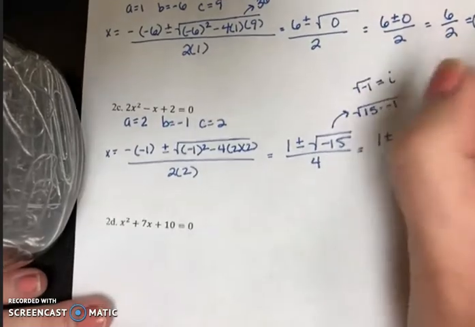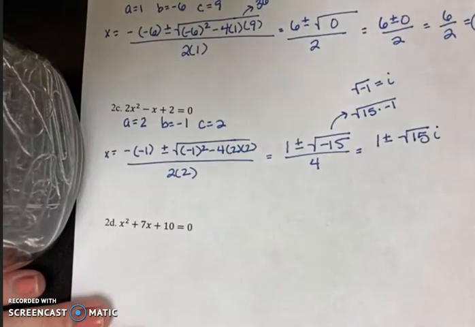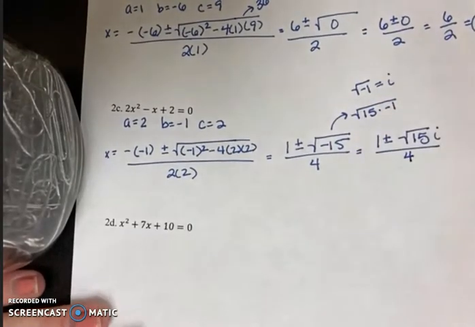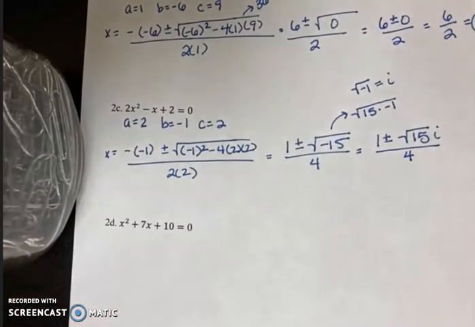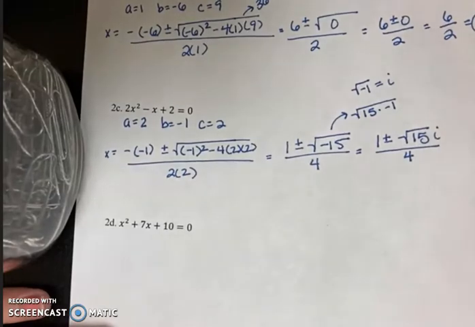So really, this is the square root of 15i all over 4. 15 has no perfect squares other than 1 because its factors are 1 and 15, 3 and 5. So it is simplified now that we've pulled out the i.